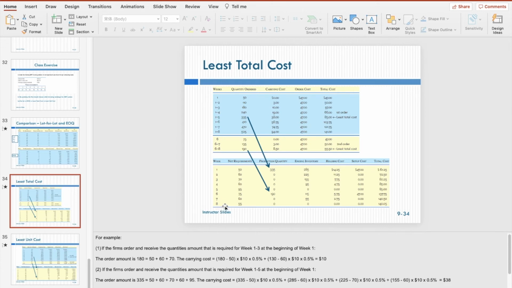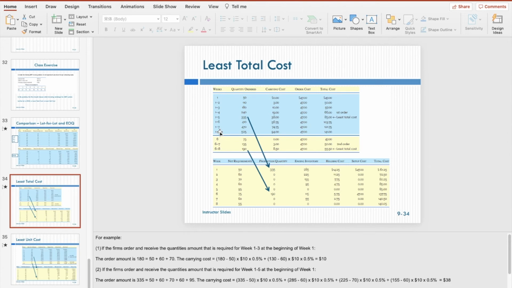Then we have to calculate based on certain criteria. We will talk about this column in detail. But the first decision we need to make is whether to order the amount that can fit the first week, or first 2 weeks, or first 3 weeks, or up to the first 8 weeks.